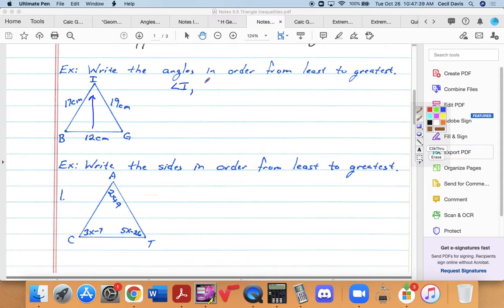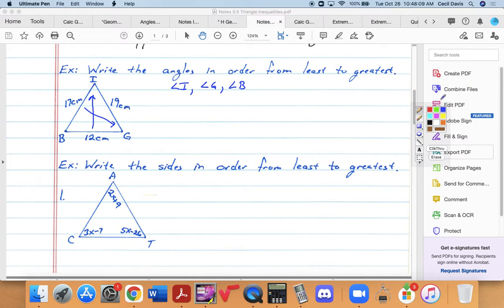So the next biggest angle would be G, across the triangle from it. And the biggest side is 19, IG, so the biggest angle is angle B. They really don't get much easier than that.